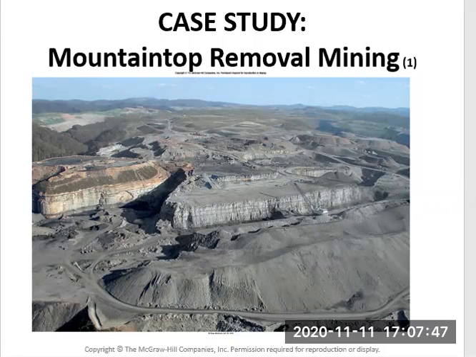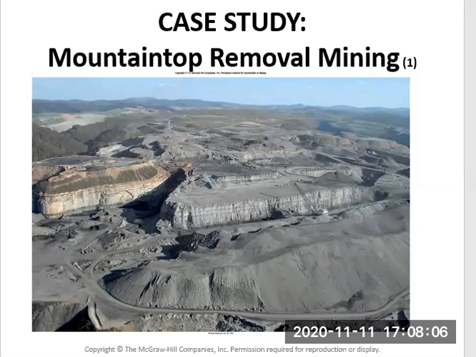As earth moving equipment has become larger and more powerful, however, mining companies have found it cheaper to simply blast and scrape off the rocks that are lying on top of those coal deposits. That allows the coal to be scooped by a giant shovel.